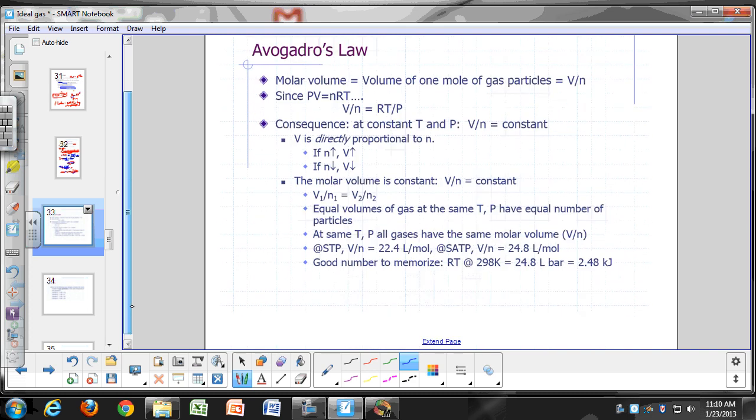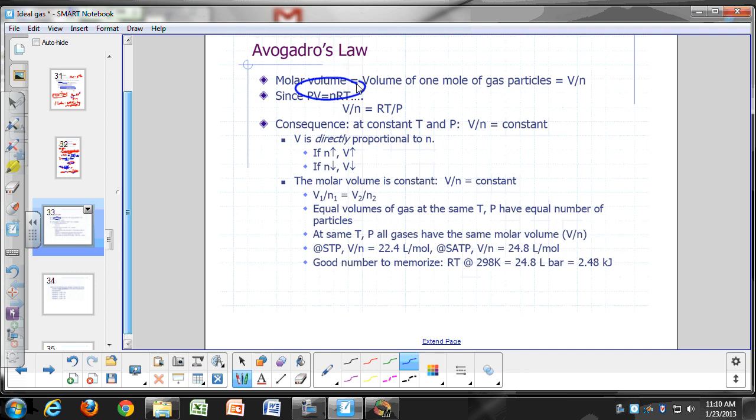Okay. So Avogadro's law, as I mentioned earlier, says that the molar volume of a gas at constant temperature and pressure is a constant, and you can see that this law is incorporated in the ideal gas equation.